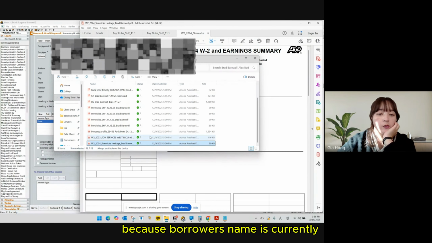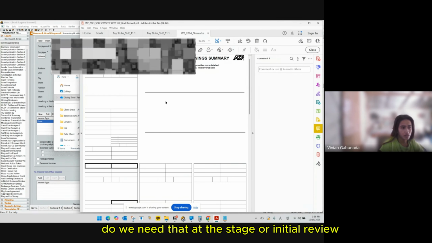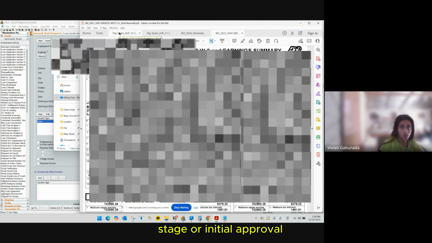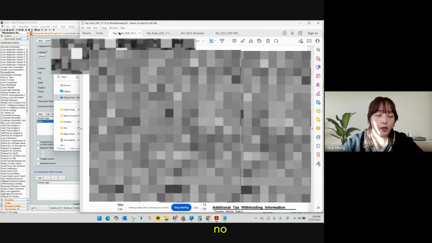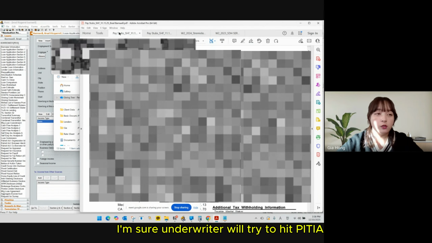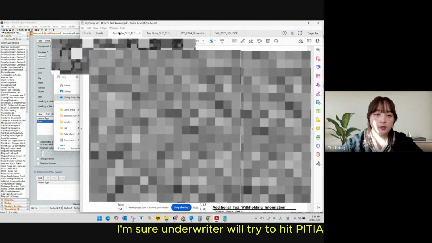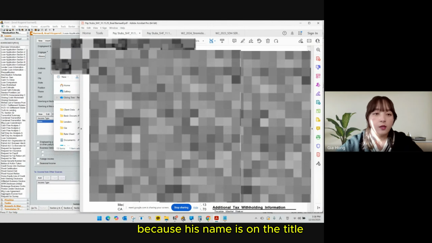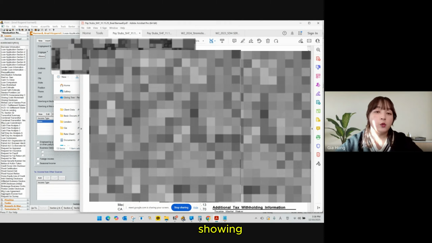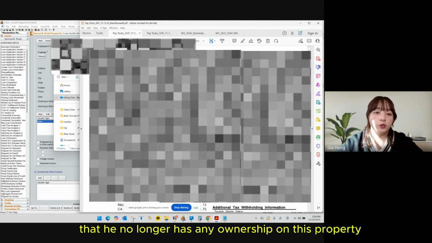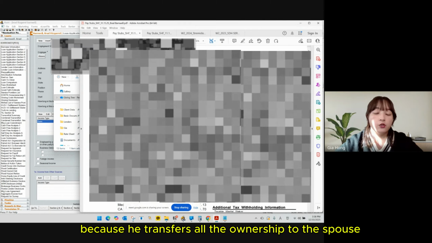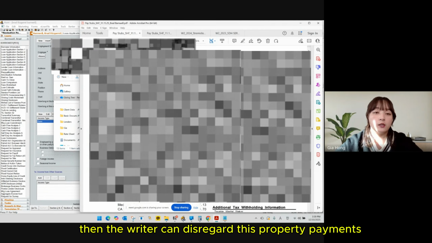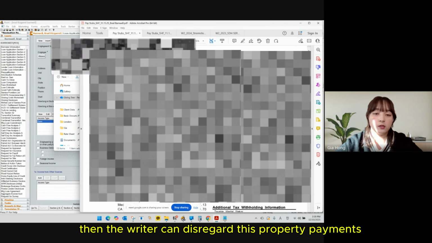His name is currently on the title. At the initial approval stage, I'm sure the underwriter will try to hit PITIA for the current property because his name is on the title. But if we provide the legal documents showing that he no longer has any ownership because he transfers all the ownership to the spouse, then the underwriter can disregard this property's payments. Okay.